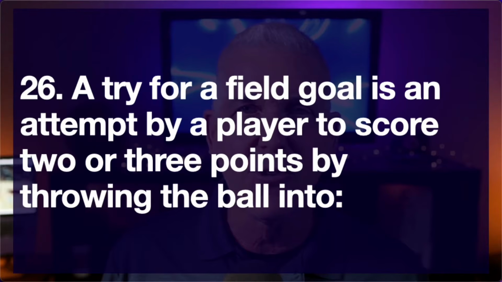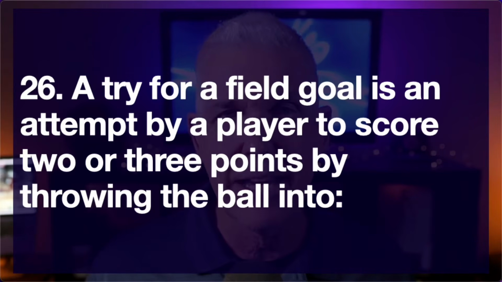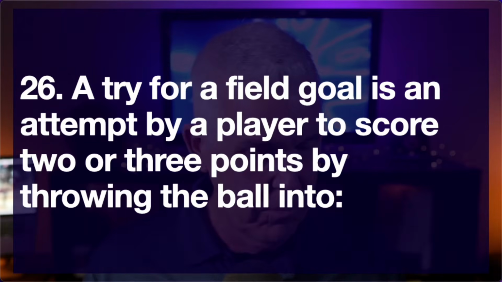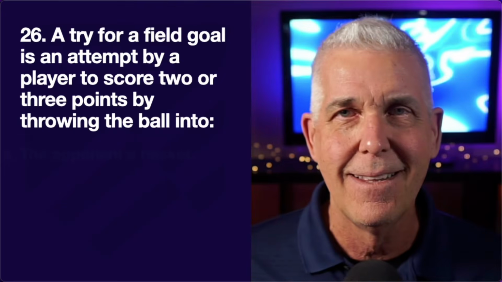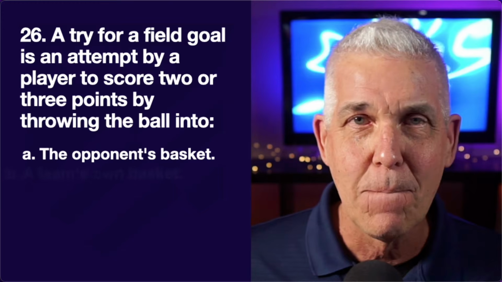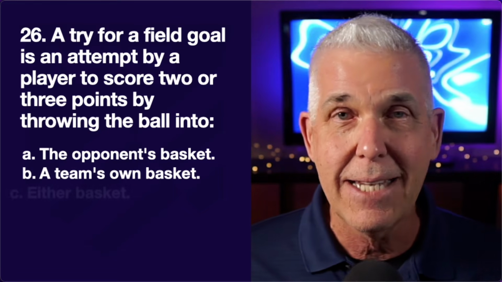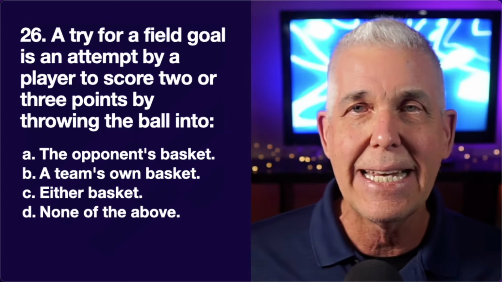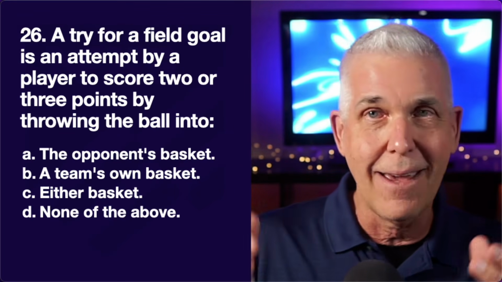Question 26. A try for field goal is an attempt by a player to score 2 or 3 points by throwing the ball into, wait a minute, this should be pretty easy, the opponent's basket, a team's own basket, C, either basket, or D, none of the above. Ooh, okay.